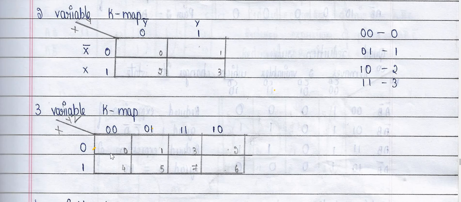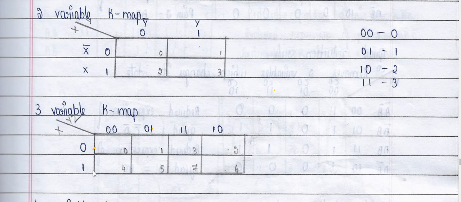Then how to represent this number? See, first left side, then top side: 000 is equivalent to 0. Then left side 0, top side 01: 001 is equivalent to 1, 011 is equivalent to 3, 010 is equivalent to 2. Then see the number 4, how to represent it?